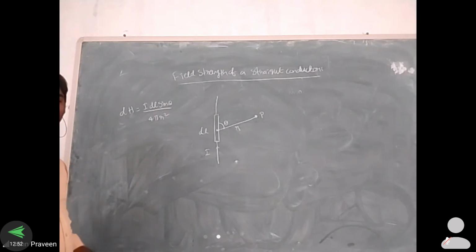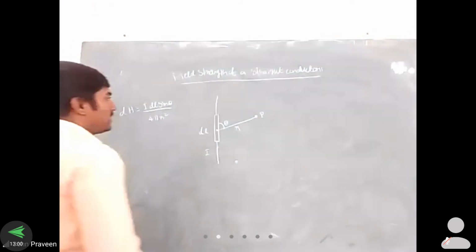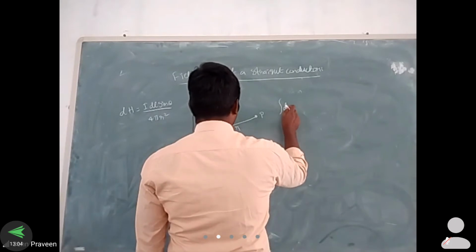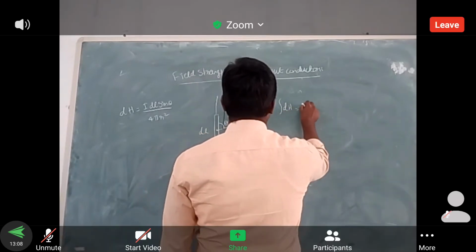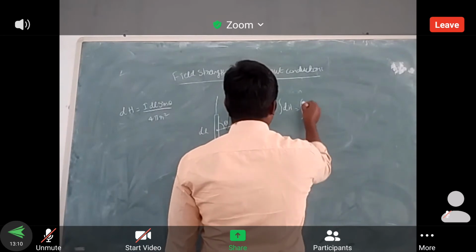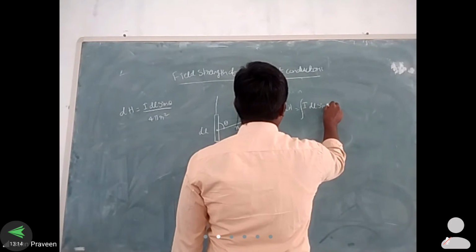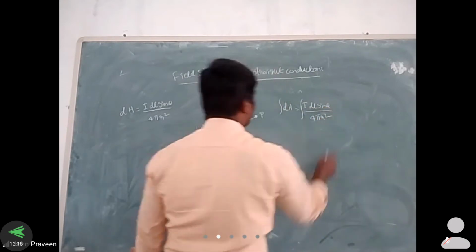So now we take the integration. We apply the integration on both sides. So integral of dH is equal to integral of I into dl sin theta by 4 pi r square.